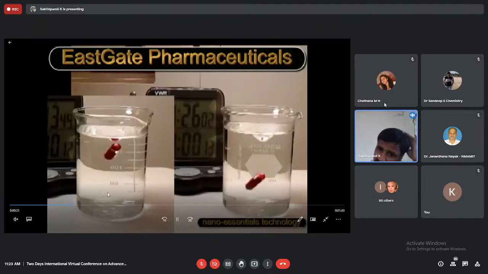This is the bulk emulsion. This is the nano emulsion. You can find out how the particles are dissolved in this.